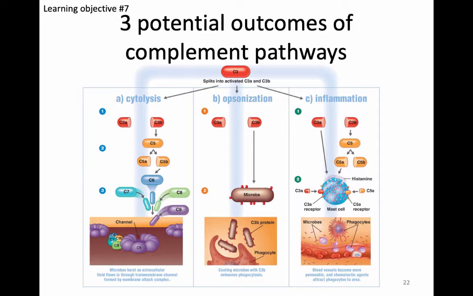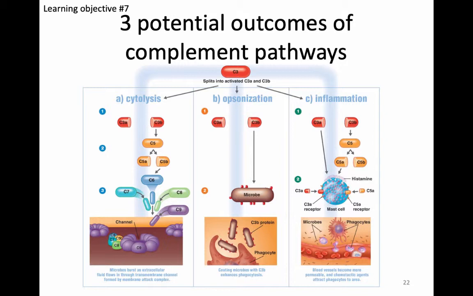In the outcome opsonization, the complement cascade results in the microbe being coated in C3b, which is a complement protein. When a microbe is coated in C3b, the phagocyte can adhere to it better and phagocytize it more easily.